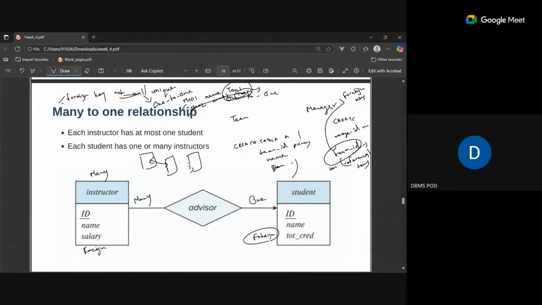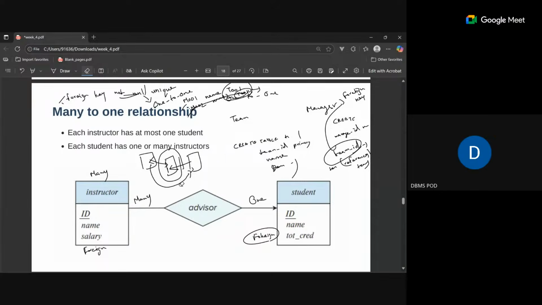It will link to this. Using this intermediate table, it will understand there is a many-to-many relationship between these two tables. That's something you have to remember.